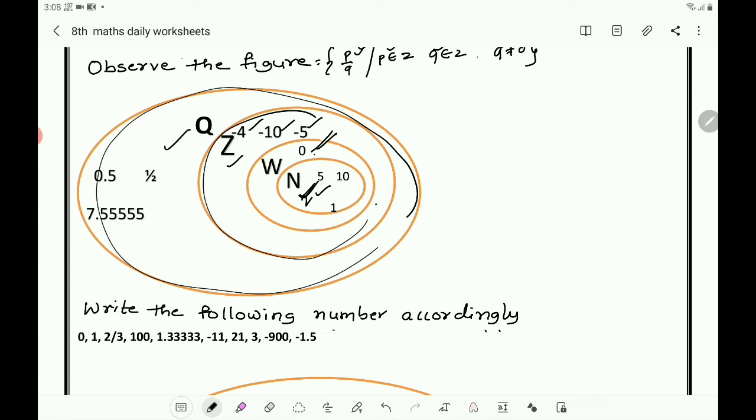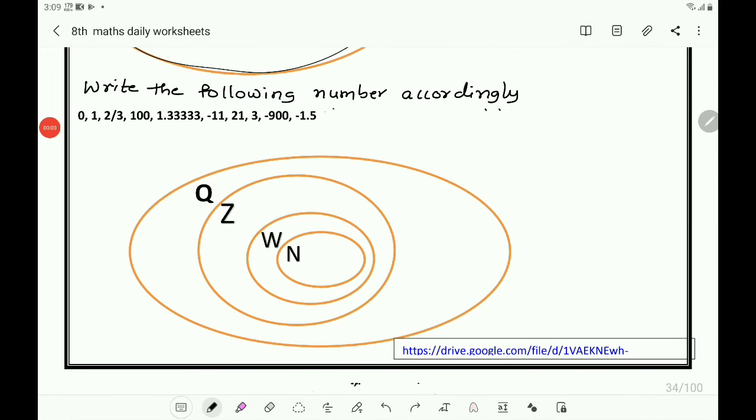You can add natural numbers, whole numbers, integers, but if fractions and decimals are there, you must take them only in Q. They do not belong to the set Z, W and N. Only these fractions and decimals you take in the place of Q only. Don't take them in the place of Z, W or N. Children, here is an activity on the numbers.